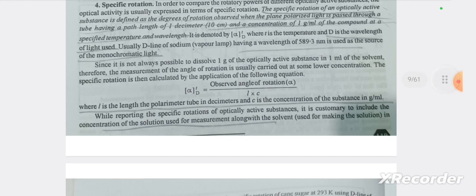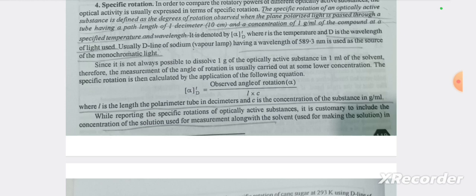The specific rotation of an optically active substance is defined as the degree of rotation observed when plane polarized light is passed through a tube having a path length of 1 decimeter (10 centimeters) and a concentration of 1 gram per milliliter of the compound at a specified temperature and wavelength.